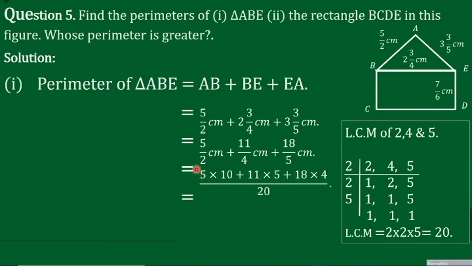20 divided by 2, you will get here 10, then multiply with 5. Similarly, 20 divided by 4, you will get 5 and multiply by 11. 20 divided by 5, you will get here 4 and multiply with 18. So after performing the multiplication, here you will get 50, 55 and here 72.